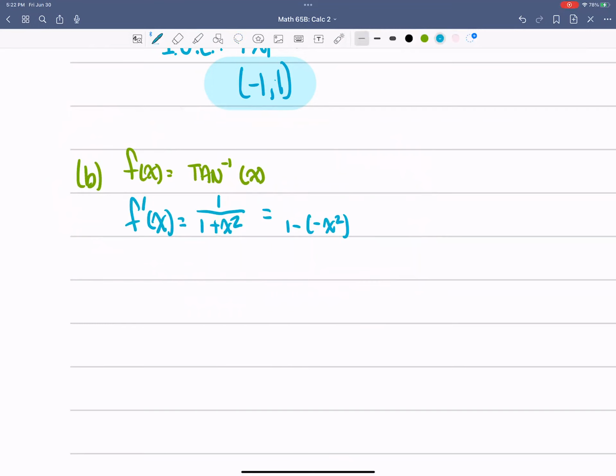Okay, so f prime of x, 1 over 1 minus x squared. We're able to rewrite this like this. So that way we could say that f prime of x is this power series.